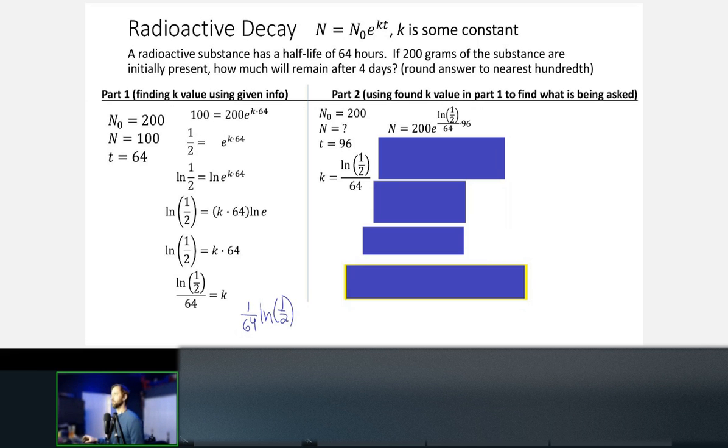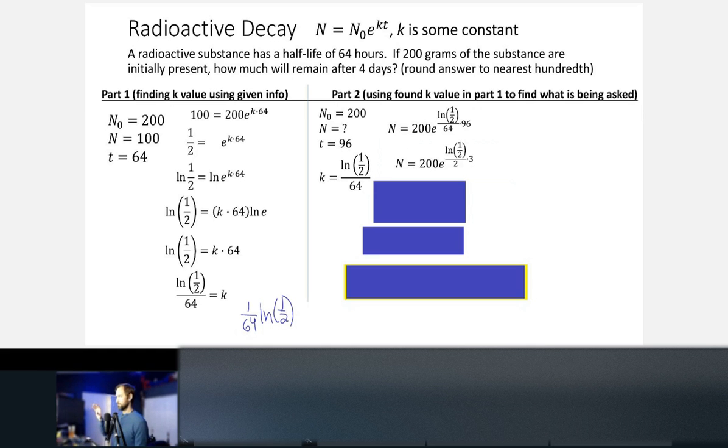So everyone go ahead and type it in and round to the nearest hundredth, it says. And by the way, you can simplify that. I did on the next step, but you don't have to. If you want to leave it as is, with the 96 and the 64 in the exponent, you can. Whatever you want. And by the way, you can put that 3 in front of the ln.